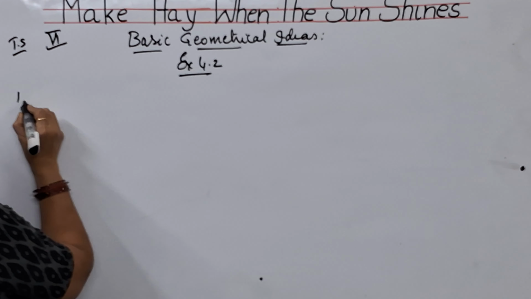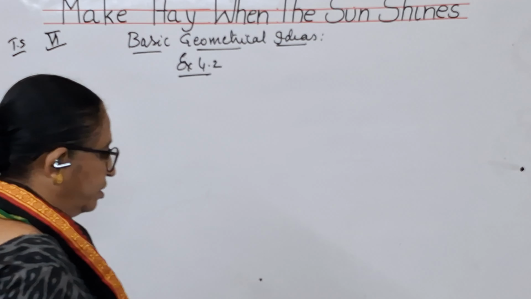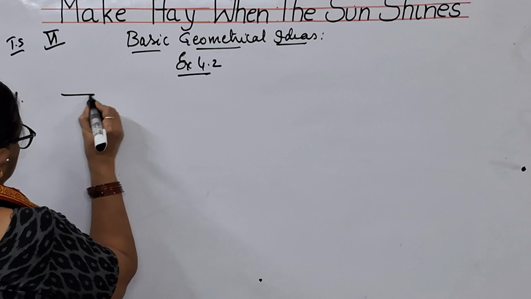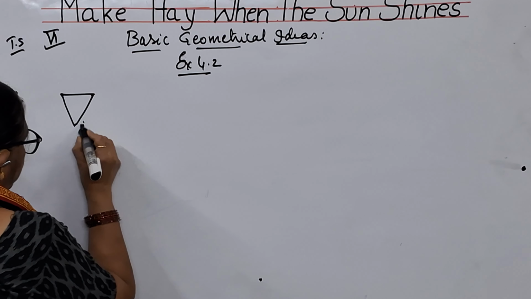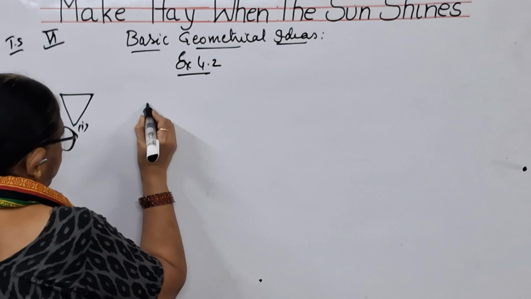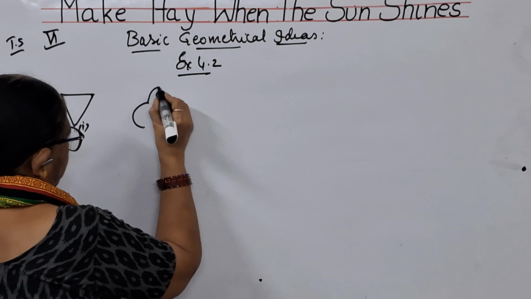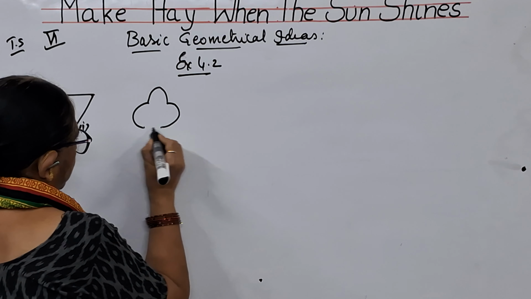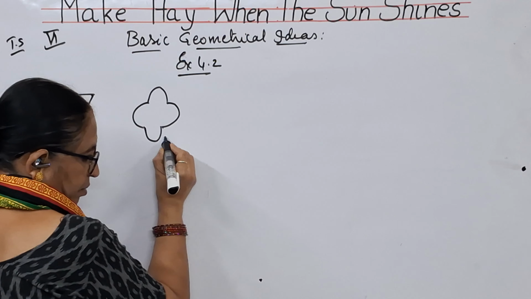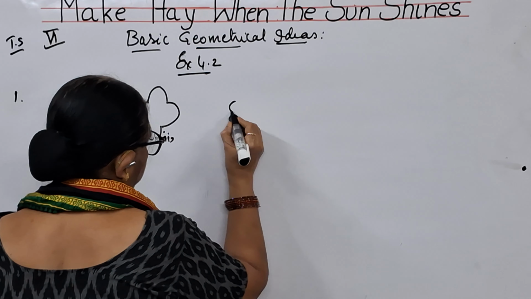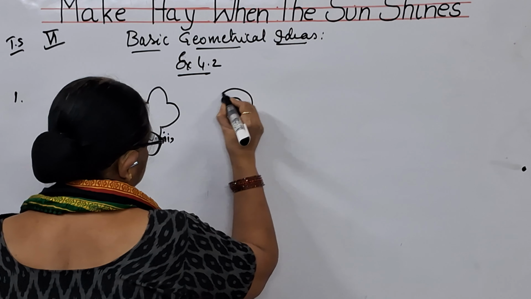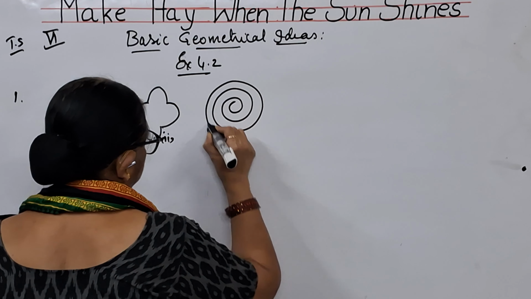The first one, if you open your textbook and see, you have got a triangle like this. This is the first figure. And the second figure, it's somewhat like this. This is the second figure. And the third figure, it is something like this.